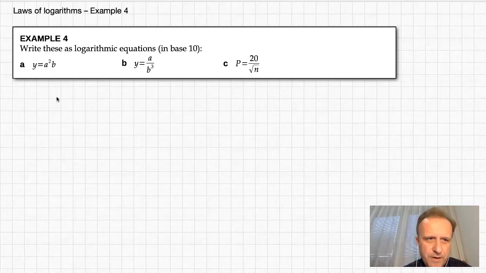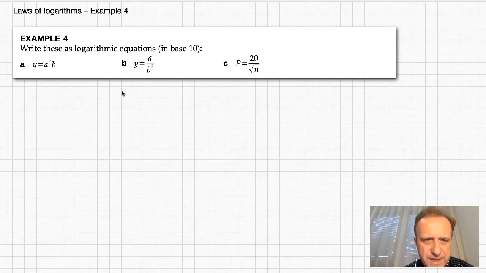Example 4. Write these as logarithmic equations in base 10. Okay, so first, before we start, let us say something. In this exercise, we will suppose that all the variables used here, so in part A, for example, y and b, here the variables p and n and so on, all of them are positive.